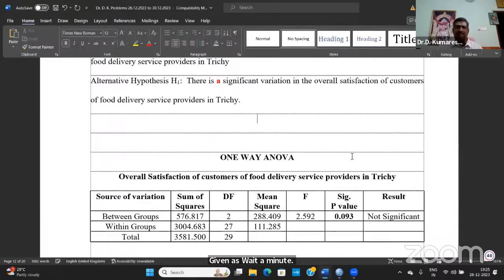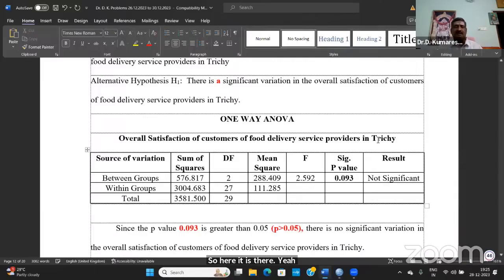See, here it is there. Earlier, it was given as regression and residual. Yesterday itself, I told you, in the case of ANOVA, generally, it will be between groups and within groups. So here we are comparing the variances. That is why we call it as ANOVA. Analysis of variance.